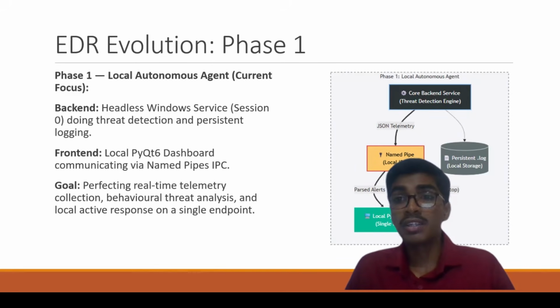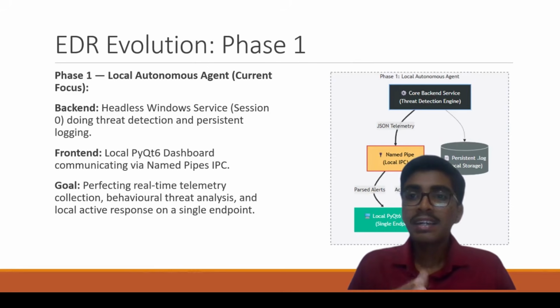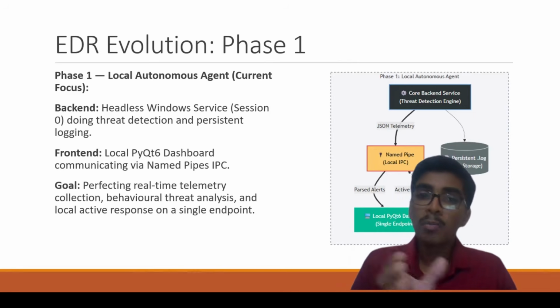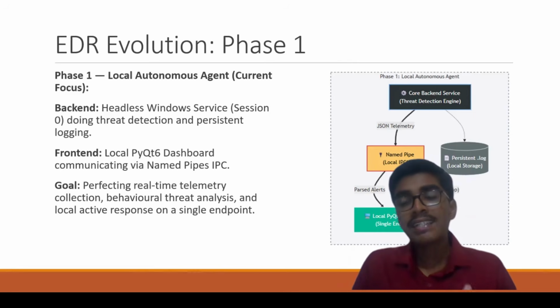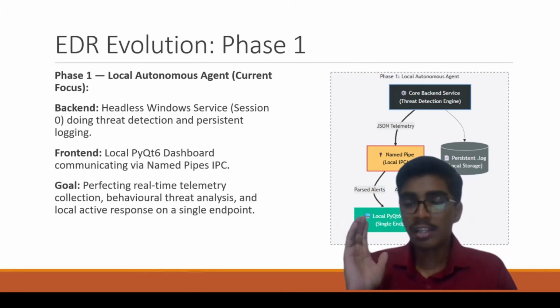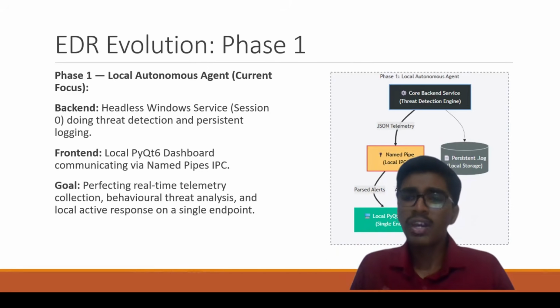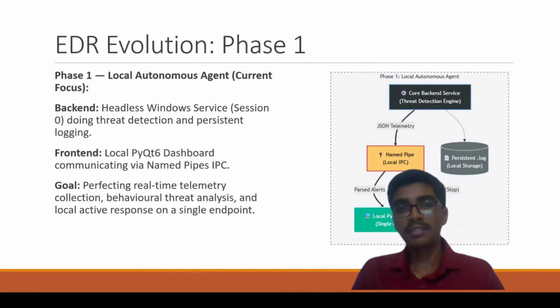Here in phase one, our major goal is collecting real-time telemetry, detecting threats based on behavior and patterns, and logging these detections to the central dashboard. And to mimic some response functionality, we are going to do response at the endpoint also. So this is how it is going to work.